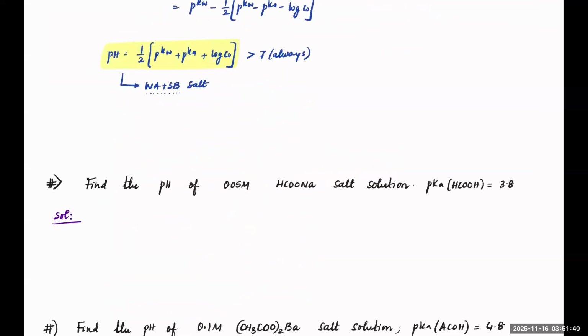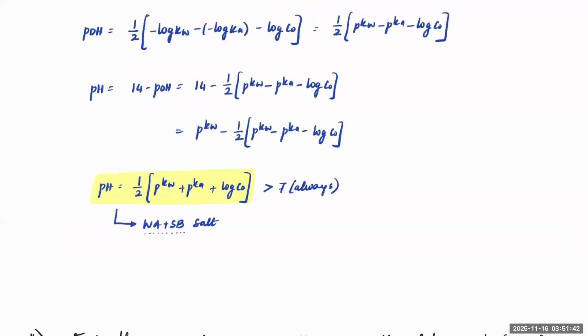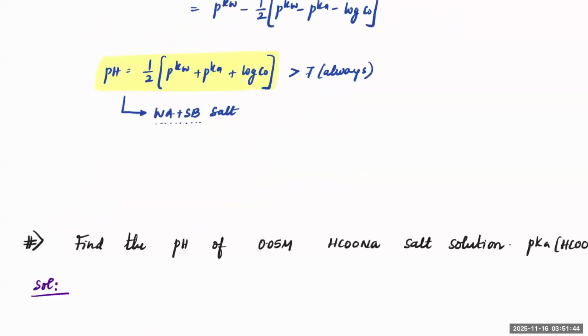Done? Now, before going into the question, check out which salts qualify for hydrolysis and are coming from weak acid and strong base. Weak acid and strong base. Check it out.